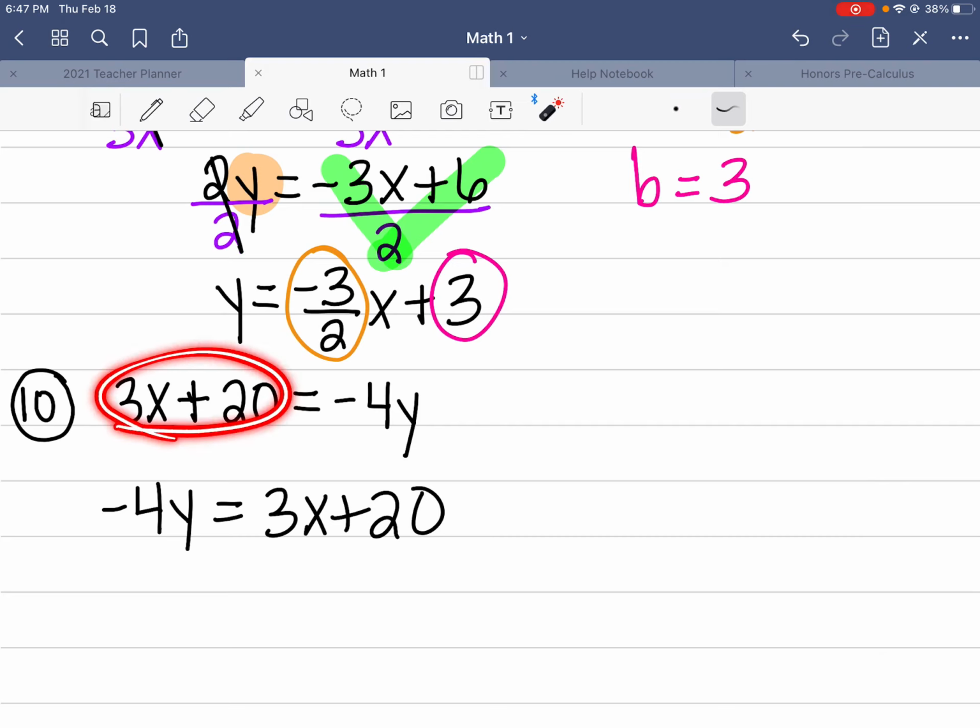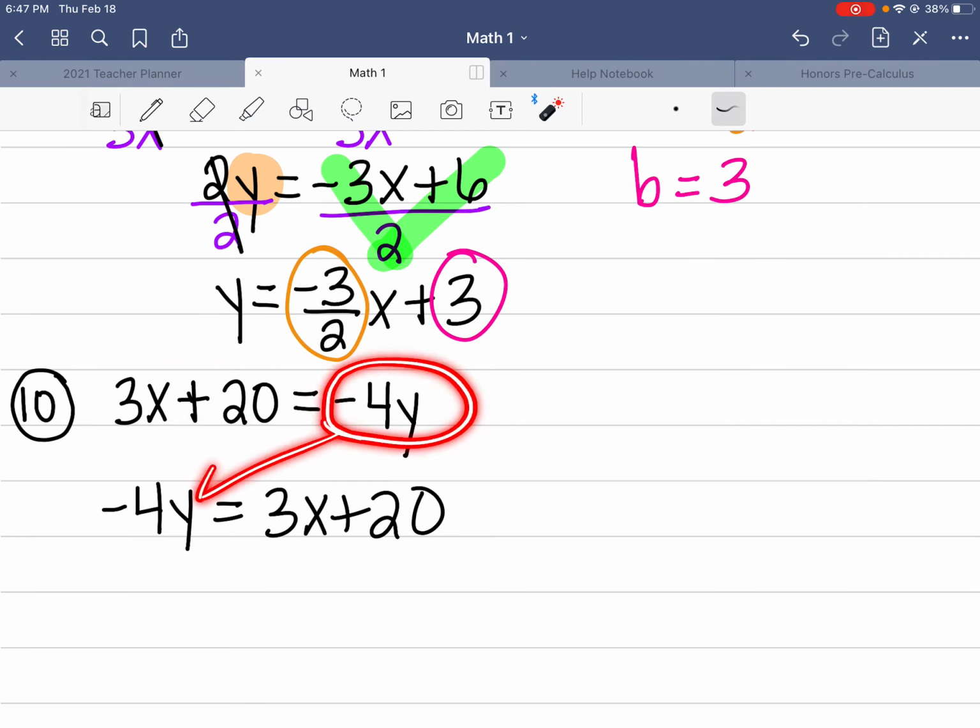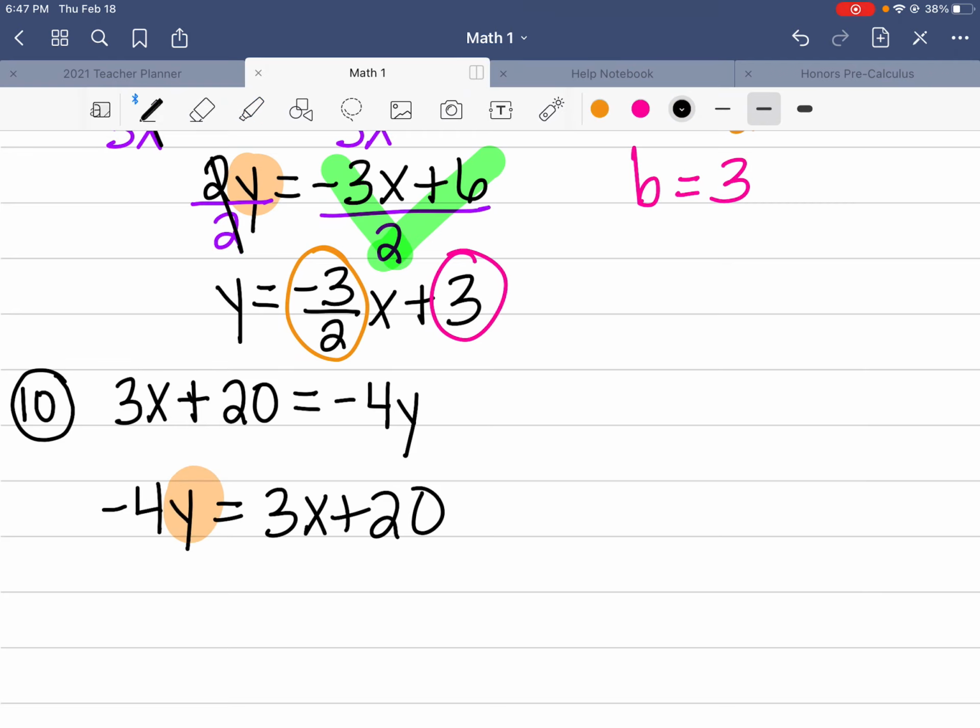So I took 3x plus 20 and moved it to the right, and I took negative 4y and moved it to the left. Why did I want to do that? Well, now I can easily solve for y in this problem. How do I solve for y? I'm going to divide by negative 4. I don't have to move anything else because y is already by itself except for the negative 4.